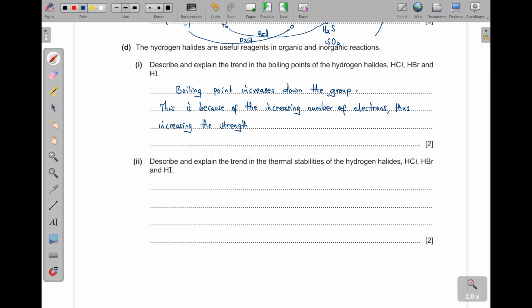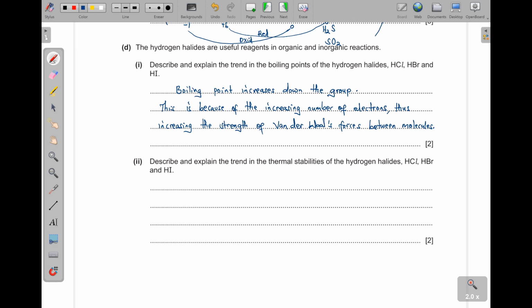So the strength of the van der Waals forces, or the ID forces, between molecules. You can put ID, instantaneous dipole-induced dipoles. So that is that.